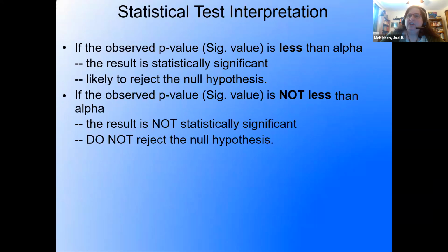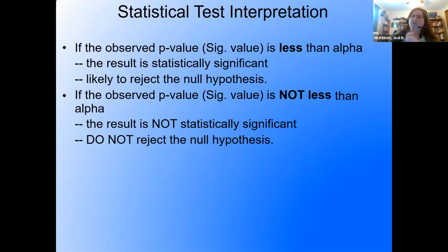Finally, let me just add in one piece since we're kind of reviewing and talking about things. Remember, SPSS always gives you sig values for two-tailed tests. So if you need a one-tailed test, what do you do? Take that sig value, take that p-value, and divide by 2.